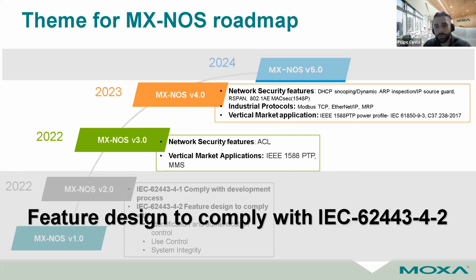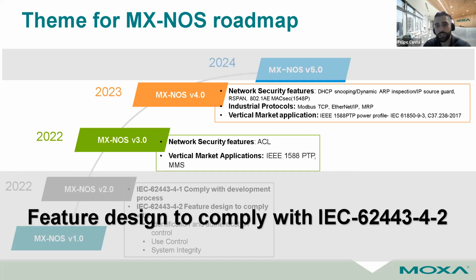But as you can also see, in the same year, this year, and forecast for next year, we have new versions and new releases of MXNOS. Of course, we will bring a lot of networking enhancements and many other features to enhance our portfolio, but we are bringing a lot of cybersecurity features.